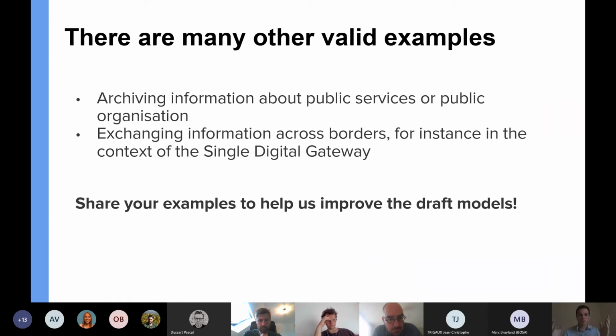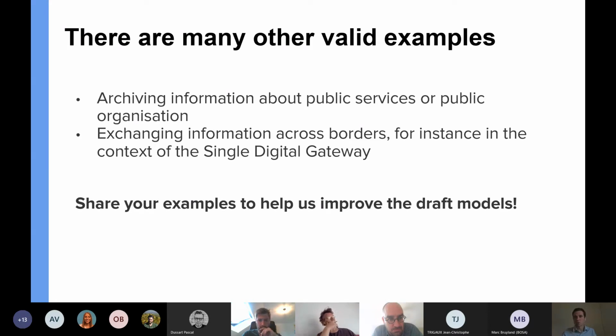And with that, one thing to remind, of course, is that we picked one example. There are many other valid examples. Earlier on, before this webinar, we discussed about an archiving example. And we mentioned earlier also the single digital gateway as something to be looked at.